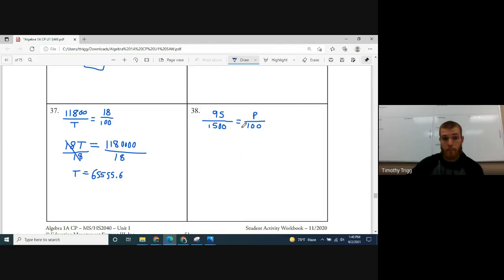Cross multiply. So this would be 1,500 times P equals 9,500. Divide both sides by 1,500 to get P by itself.